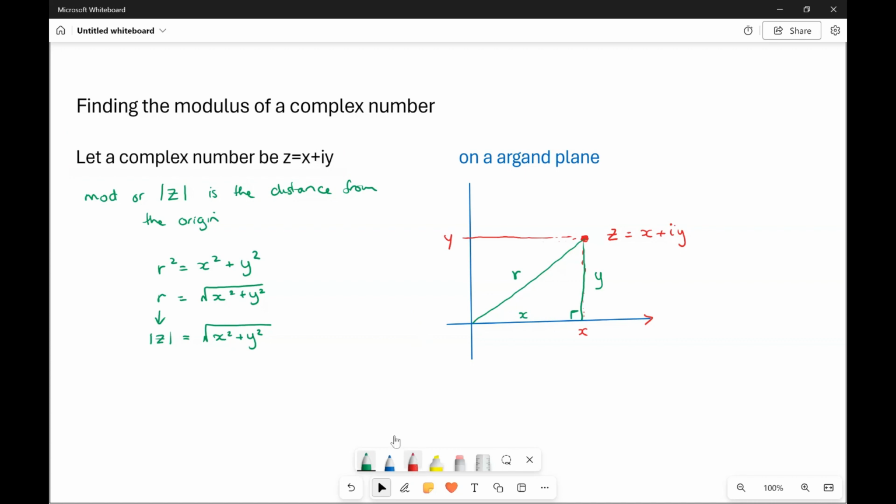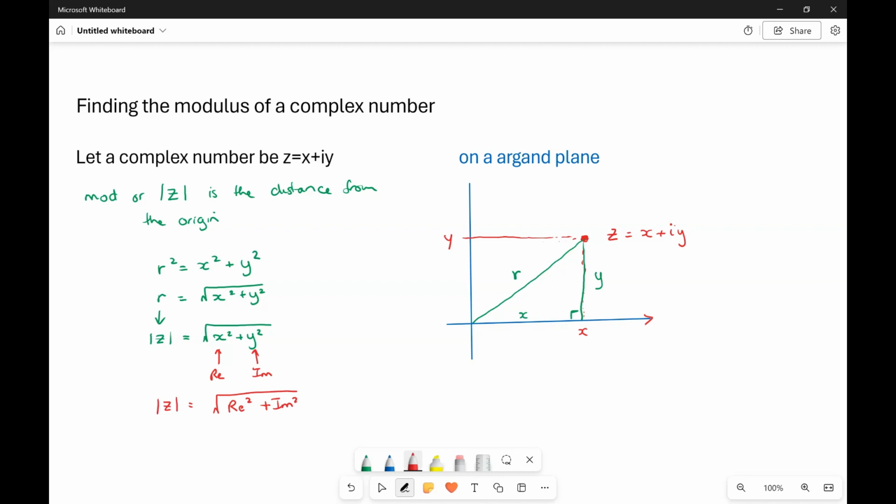So we can say that that there is the real part and that there is the imaginary part. So we could have written it like this: square root of the real part squared plus the imaginary part squared of the z value. So that's the formula that you find in your formula sheets.